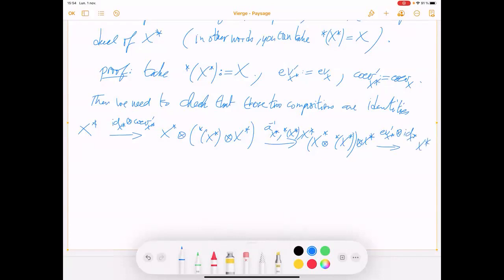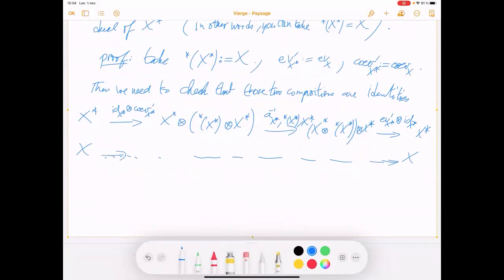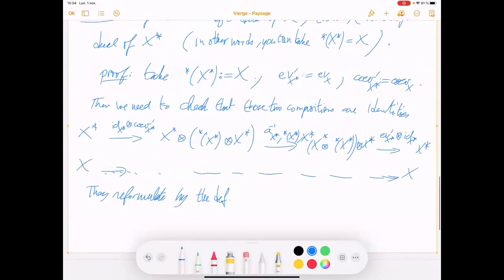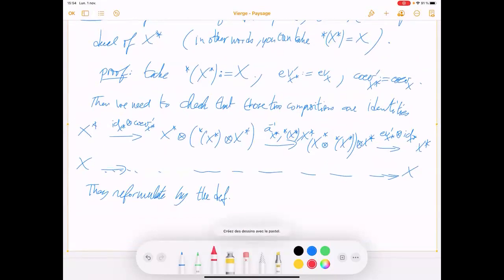So we need to check, and also the one from X to X star to X. We need to check that this is identity, but by definition, they reformulate.